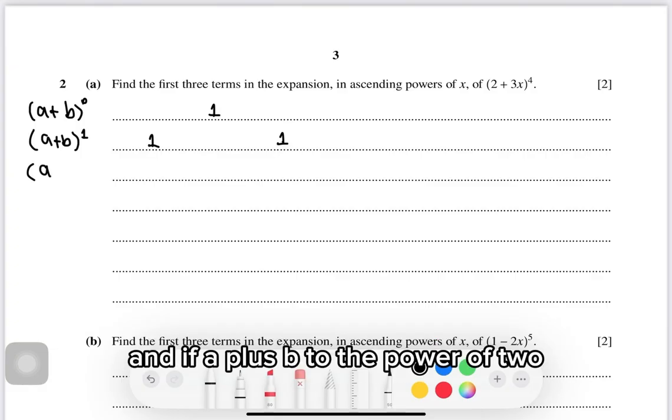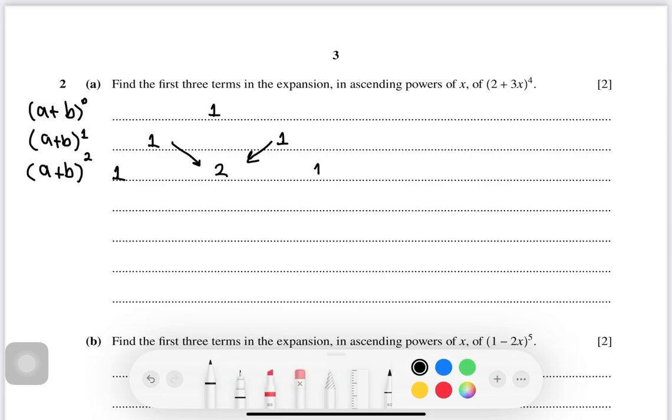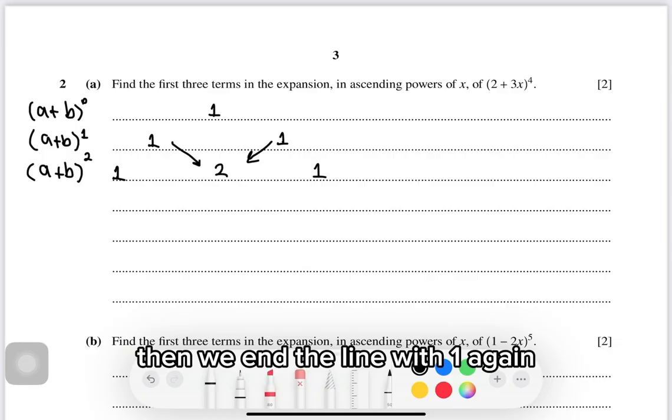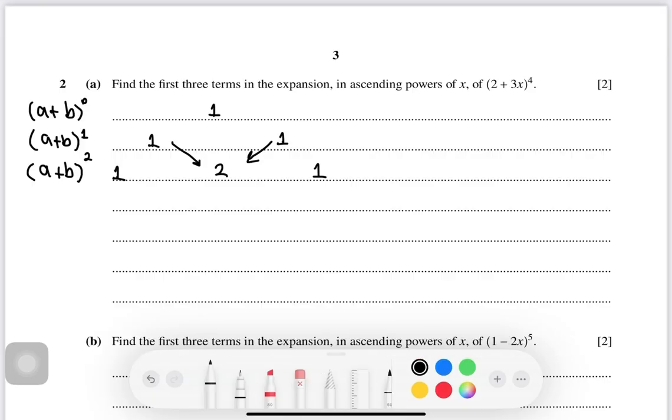And if (a + b) to the power of 2, it's also 1 here, and then 1 plus 1 to get 2, then we end the line with 1 again. So if you can see, it's starting to look like a triangle.